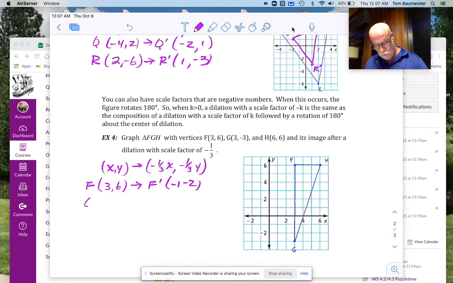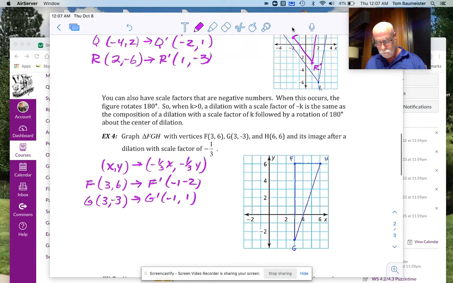Same thing for G. They made us nice numbers this time. So negative 3 and 3 would map to G prime. Again, negative 1/3 of 3 is negative 1. And negative 1/3 of negative 3, negative times a negative is a positive. So that would give us a positive 1.